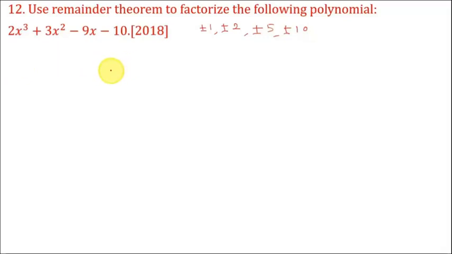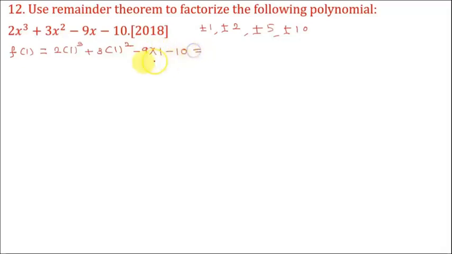Now check whether f of 1 is 0. Replace x by 1: 2 into 1 cube plus 3 into 1 square minus 9 into 1 minus 10.